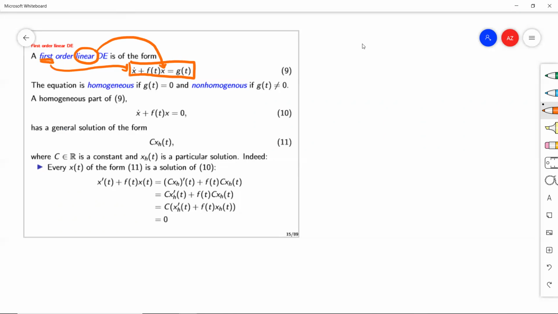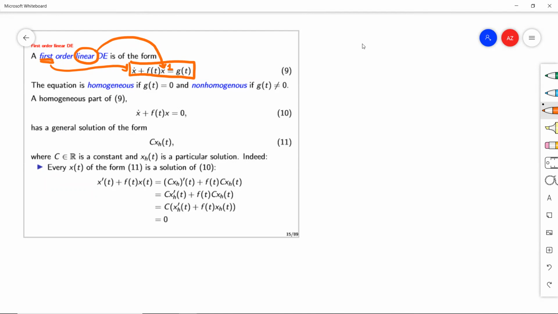So x only occurs to the power of 1. If we had x squared in this equation, then this would be a nonlinear differential equation, and we would not be able to solve it analytically. But first order linear differential equations can be solved analytically.